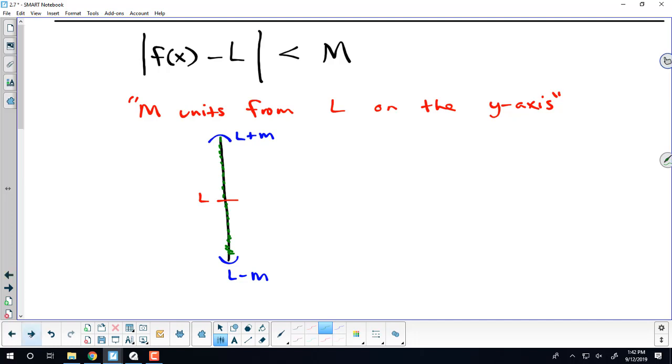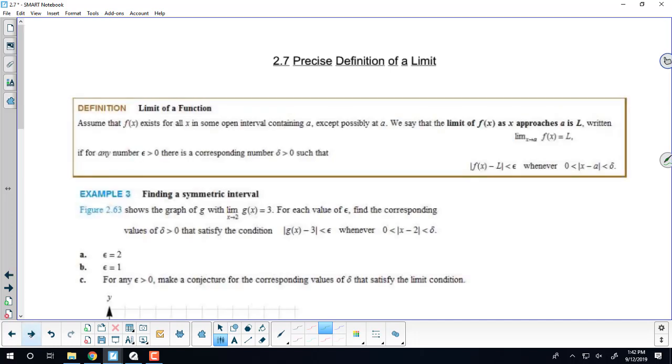So hopefully now when we look at the definition of a limit, it makes a little bit more sense. And this is the actual definition of a limit. Everything we said about a limit before, we had that parenthetical statement that said it was a preliminary definition, but this is the actual real definition.